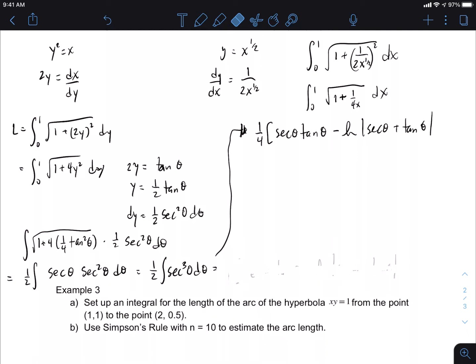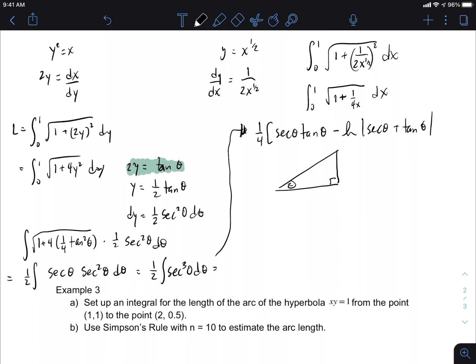Now, what I need to do is reference a triangle, right, to be able to find out what it was. And the triangle that I'm going to reference is going to be based off of this right here, correct? So I'm going to draw a triangle. Here's my theta.